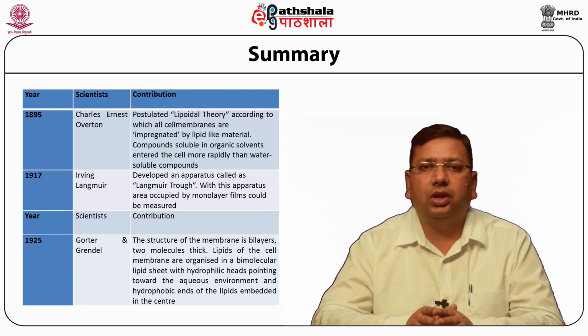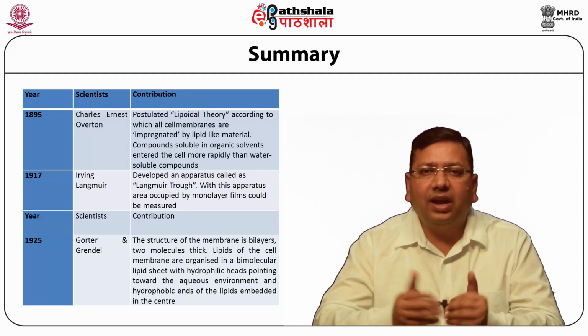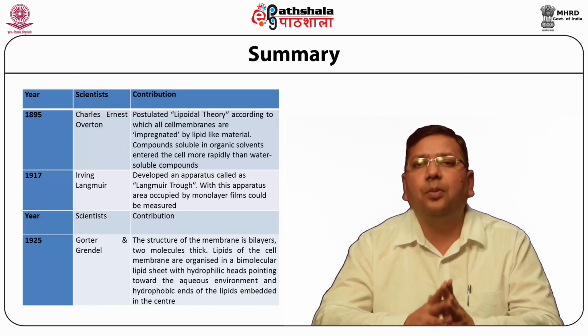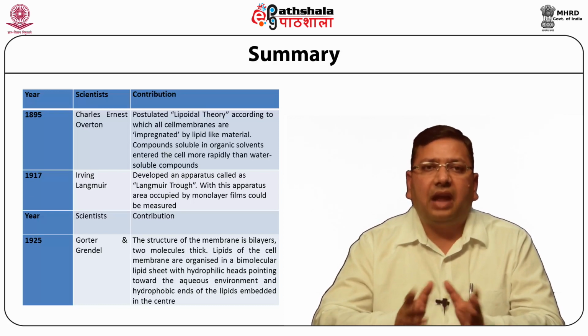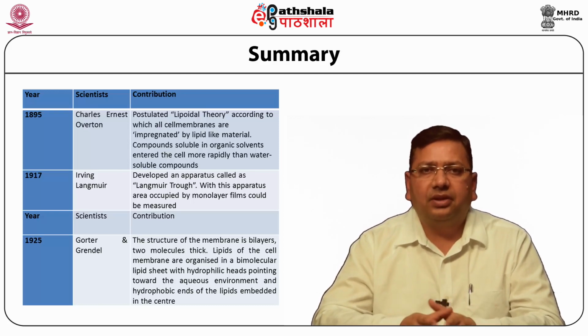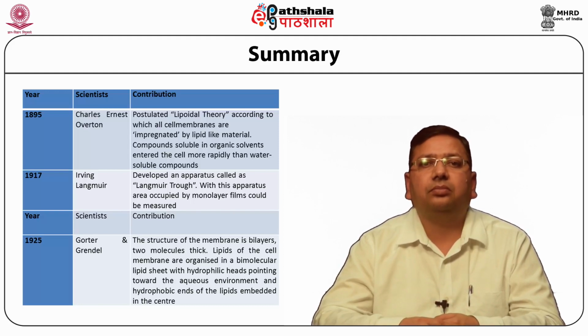Compounds soluble in organic solvent entered the cell more rapidly than water-soluble compounds. Then, in 1917, Irving Langmuir developed an apparatus called Langmuir trough. With this apparatus, area occupied by the monolayer films could be measured.